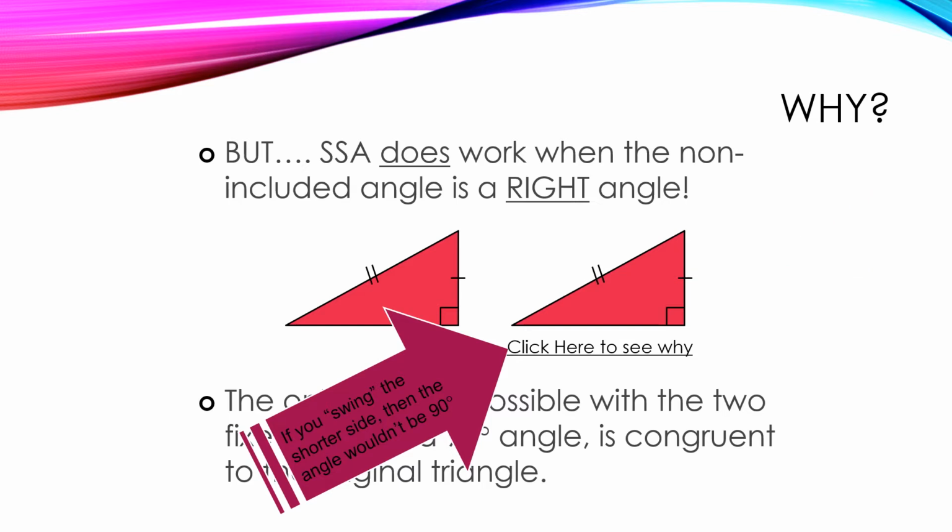So again, if you swing this shorter side, the angle would not be 90 degrees. If you swing it either way, the angle is not 90 degrees.